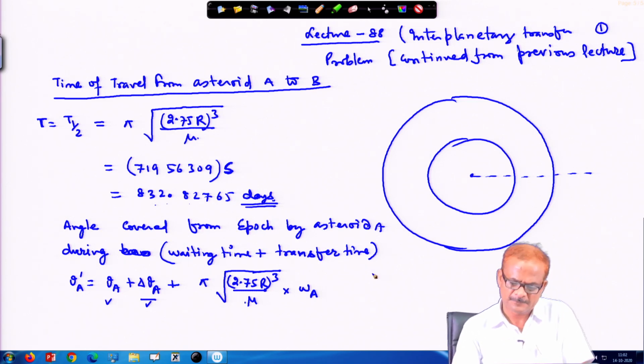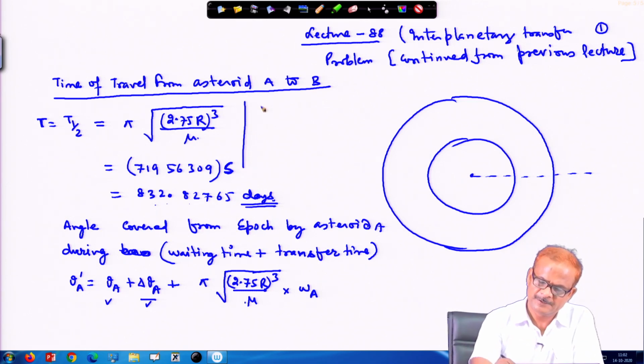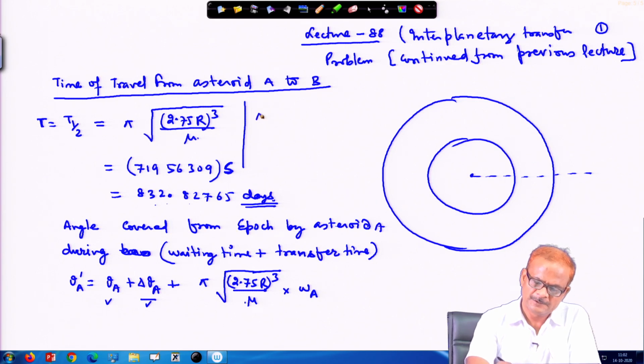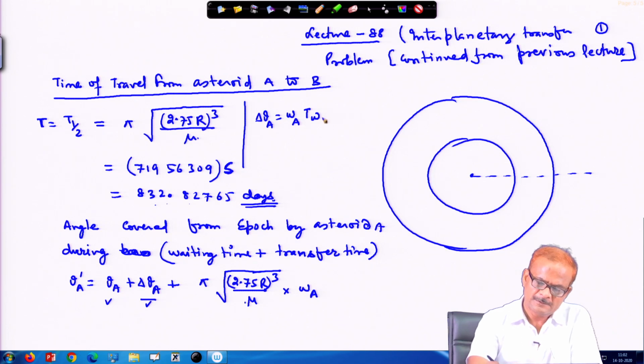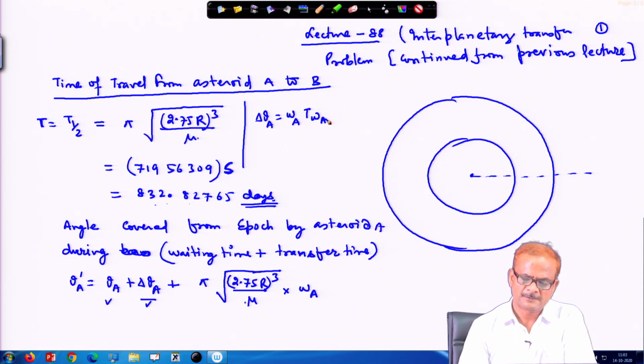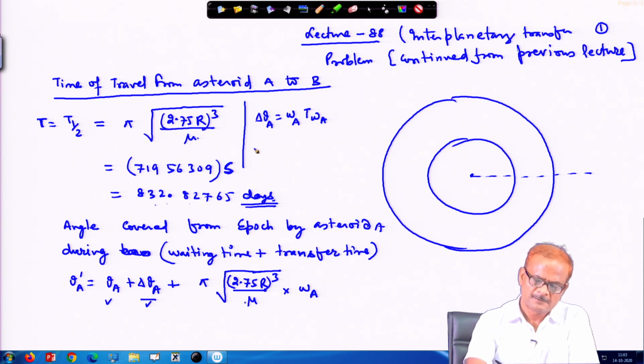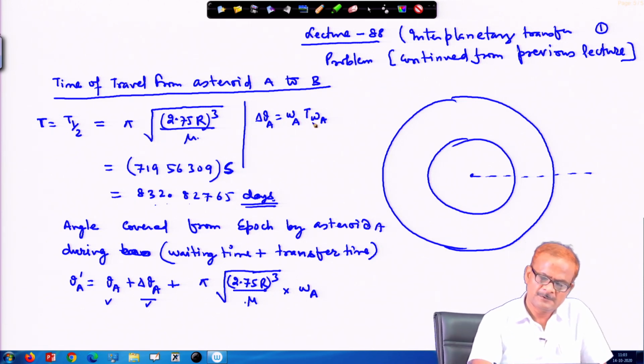So, delta theta A, this is the quantity omega A times wait time. So, T W on A, T W A. So, omega A is known to us, and T W A we have already calculated.